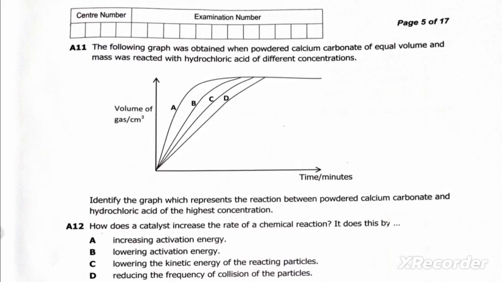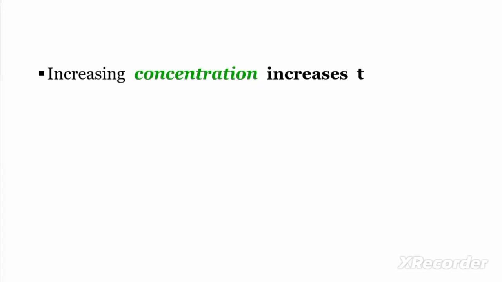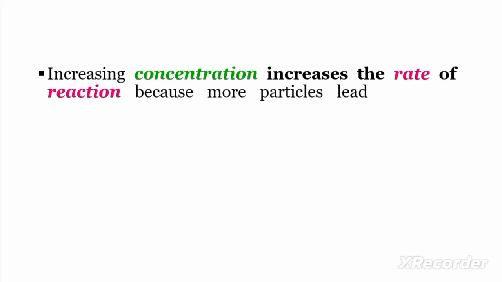So what we'll do, we are going to demarcate time. Before we demarcate time, we need to remember that increasing the concentration increases the rate of reaction. If we increase the concentration, we are also going to increase the rate of reaction, because more particles lead to more frequent collisions.